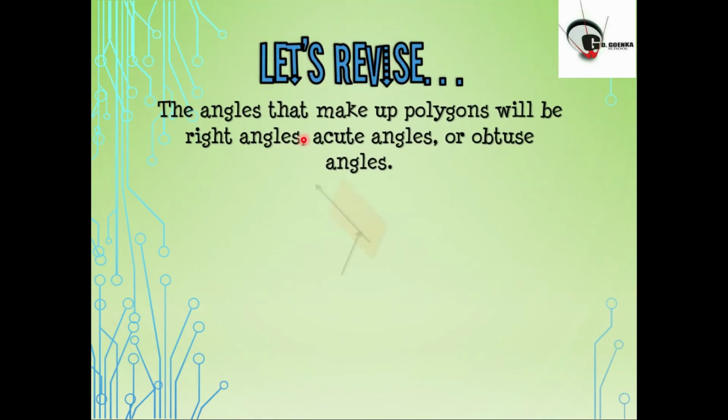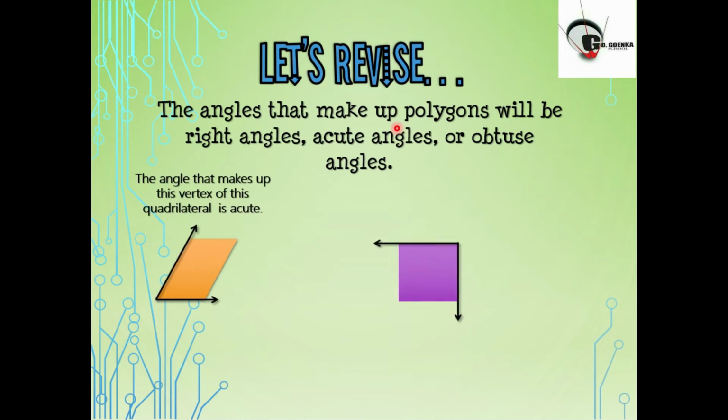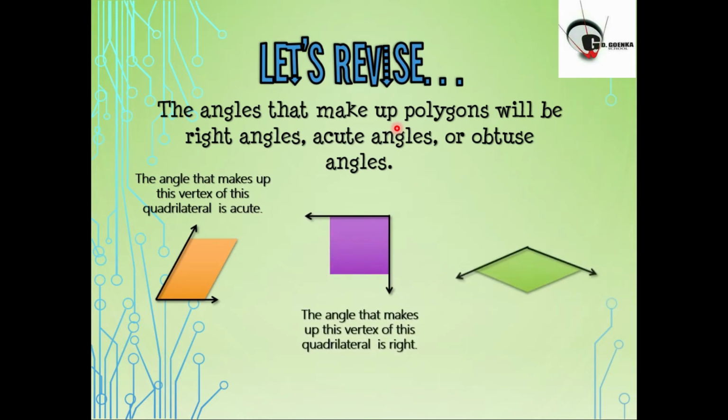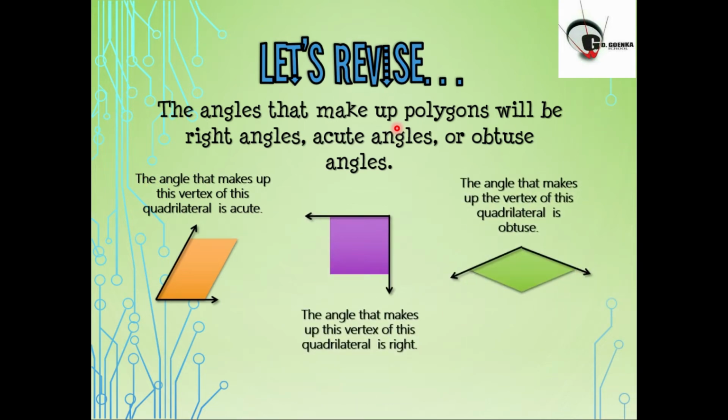One more thing to be revised, children, is that the angles that make the polygons can be right, acute, or obtuse angles, not other angles. In this one, the angle that makes up this vertex of the quadrilateral is acute.